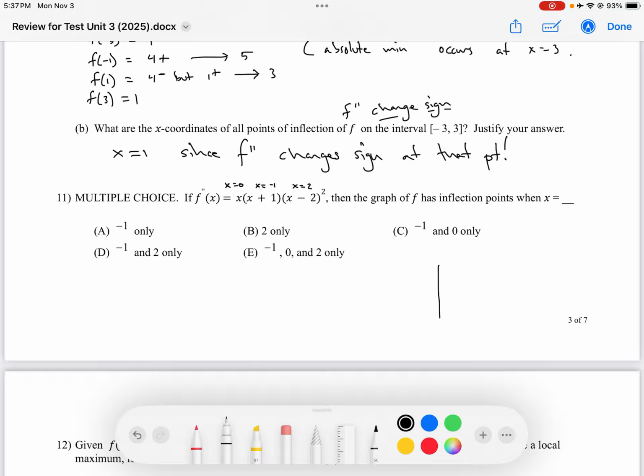If I were to draw f double prime of x, it has zeros at 0, negative 1, and 2. It's a 4th degree polynomial, and it opens up. So it's going to come down like this, go straight through, then it's going to bounce off the axis because of the multiplicity 2. So this is f double prime.